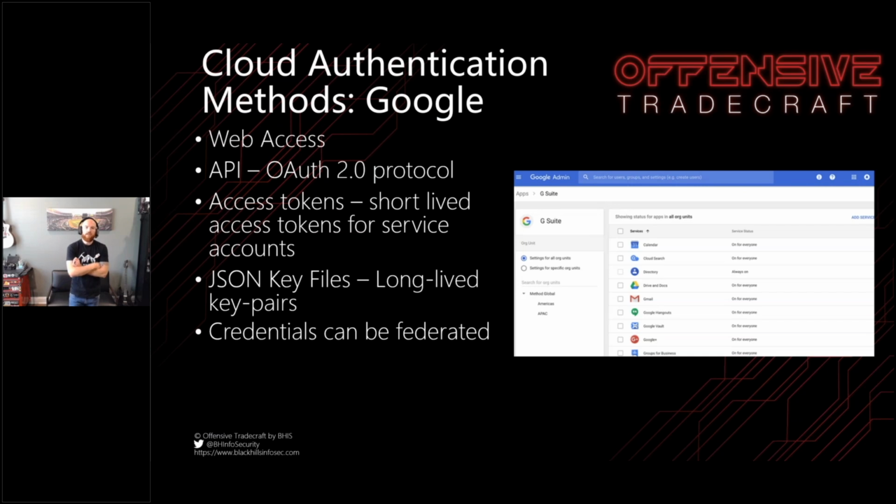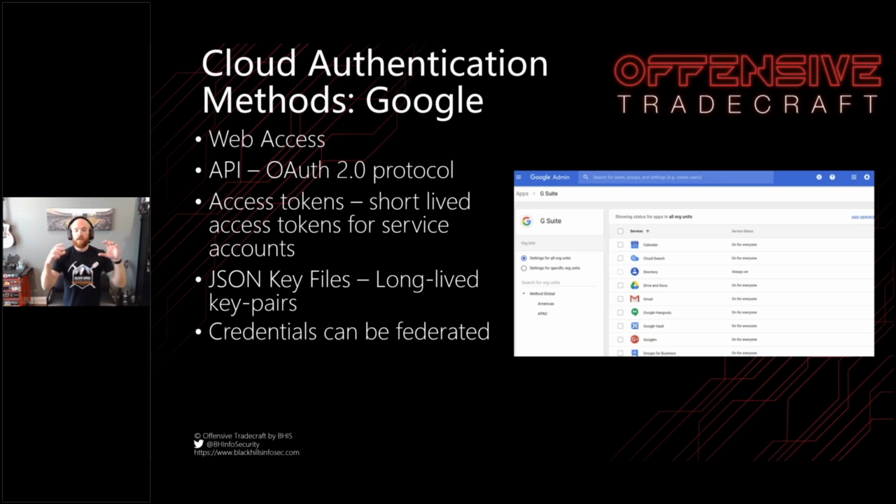With Google, obviously web access is one thing, right? Being able to log in as a Google admin or connecting via API. This is something we'll look for: API keys. Access tokens are in Google considered short-lived access tokens. So like the question that was mentioned before, service accounts have these short-lived access tokens that are available to them that only hang around for a little bit.